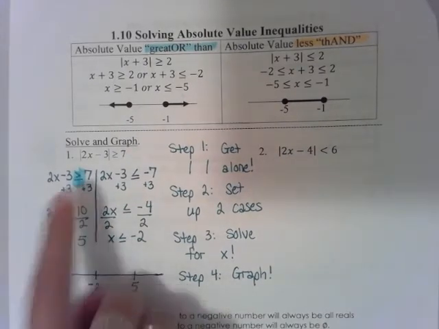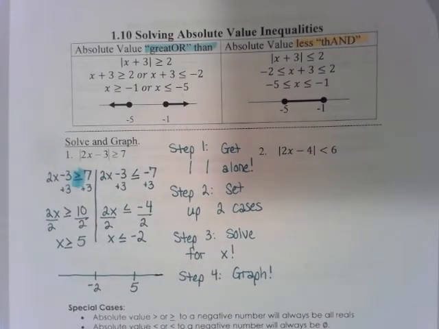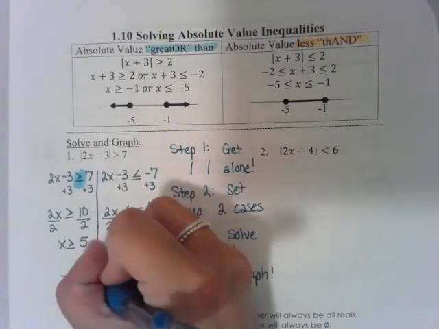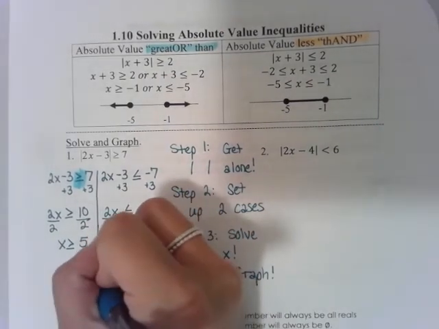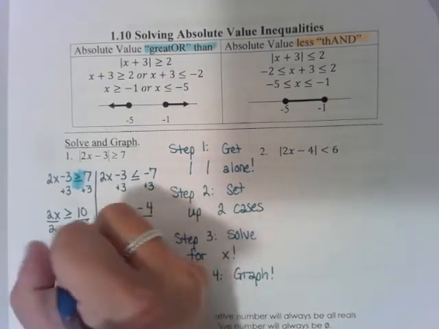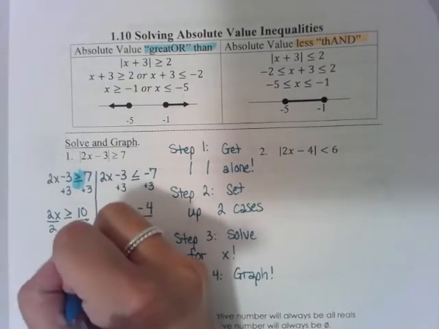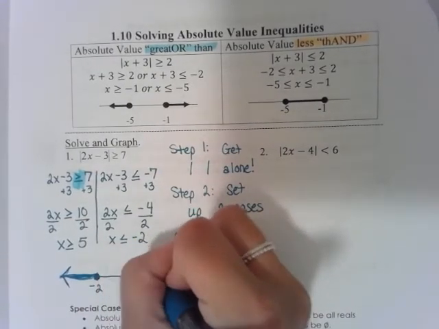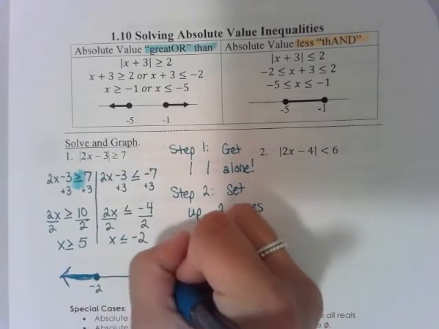Because my first case is greater than, that means that I'm going to be coloring the edges away from each other. So I would want to shade away from -2 and away from +5.